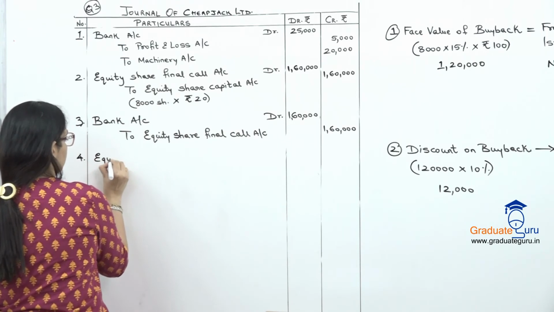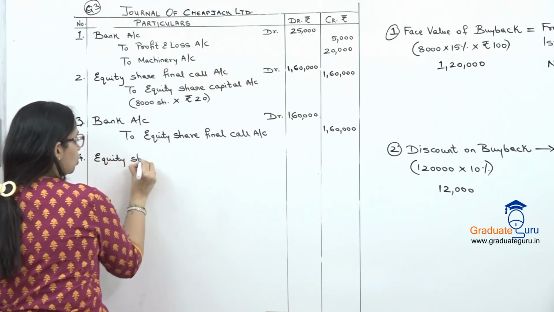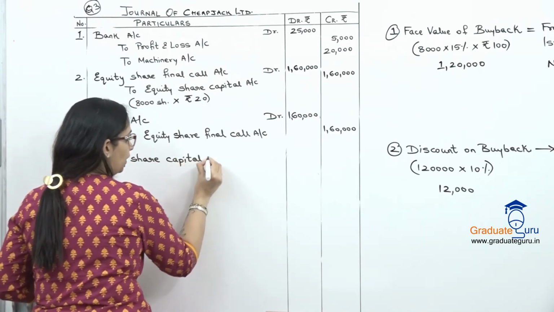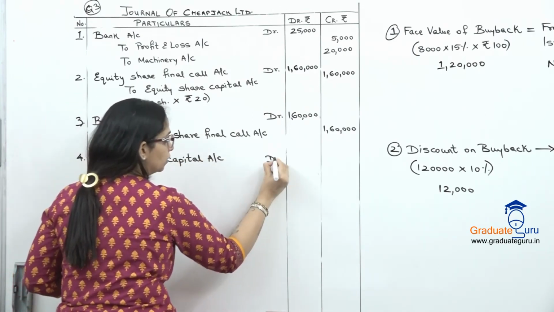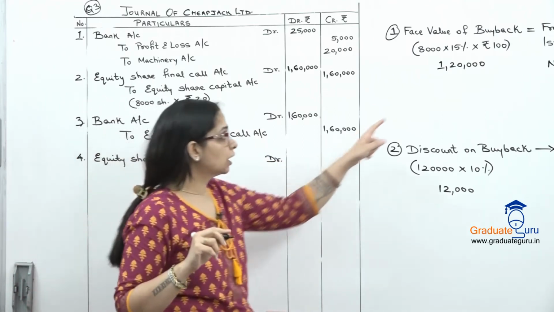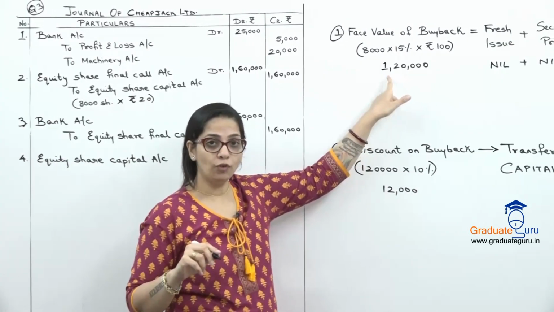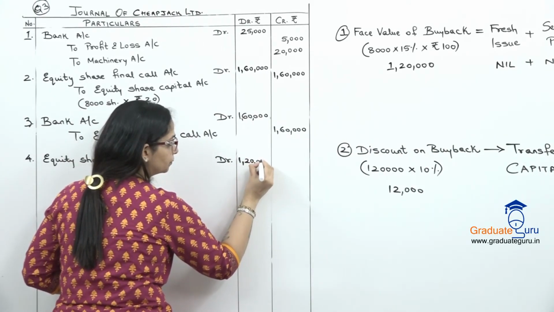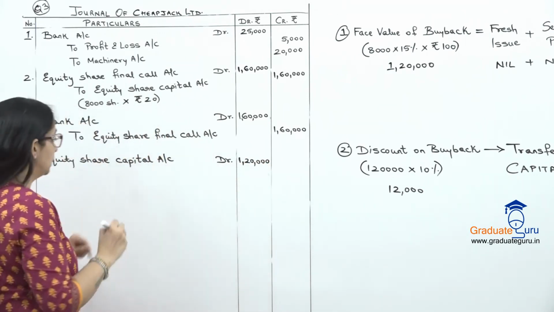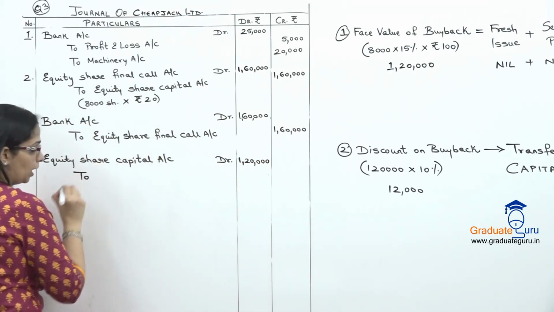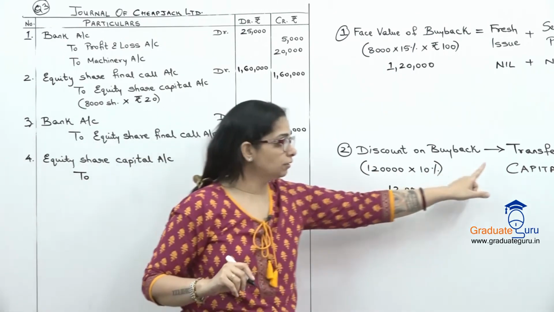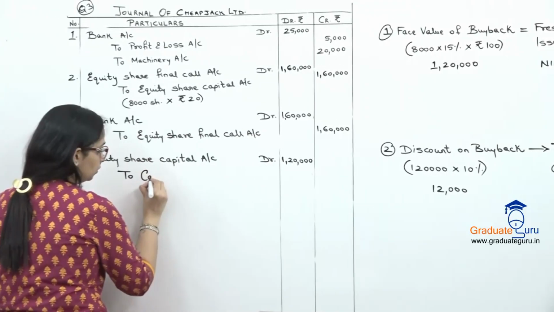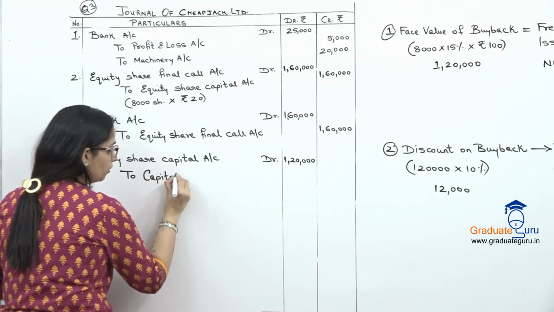For buyback, we cancel our equity share capital. So, equity share capital account debit. This amount comes from our equation for face value. So 1,20,000. Okay. This time there is a discount. And that discount we have already written will go to capital reserve. So to capital reserve account.